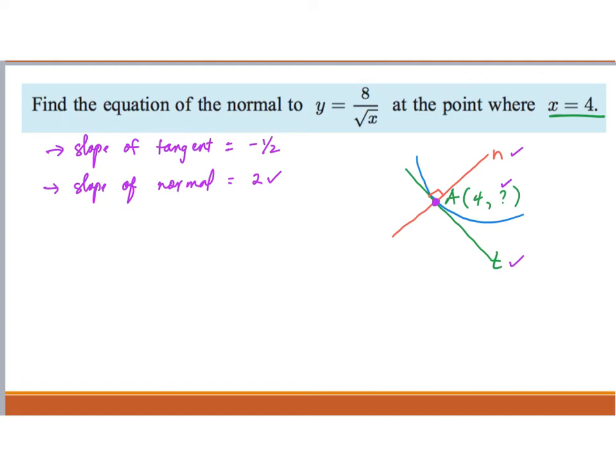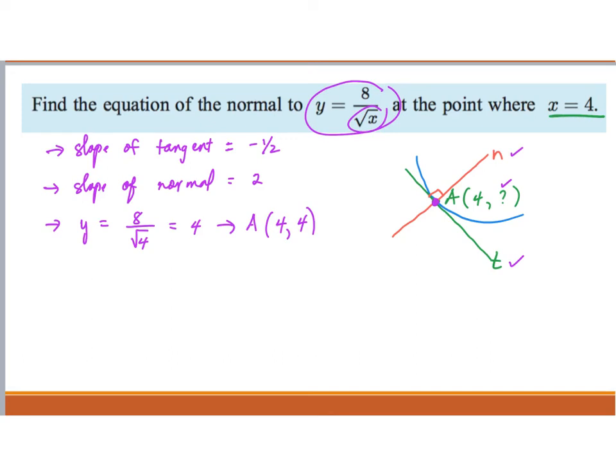Now because of that equation, we could use this equation to find y if we make x equal to 4. So we have y is equal to 8 over root 4, which is just 4, which means that A has coordinates 4, 4.